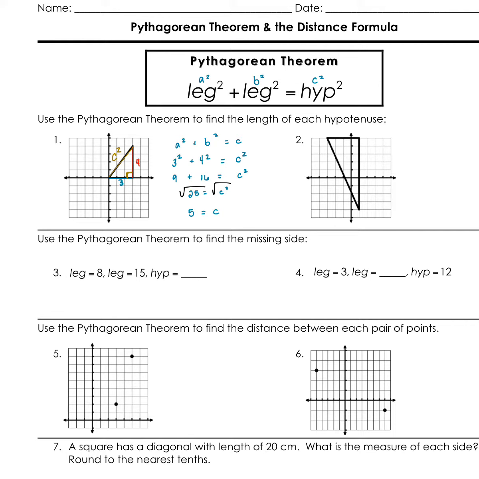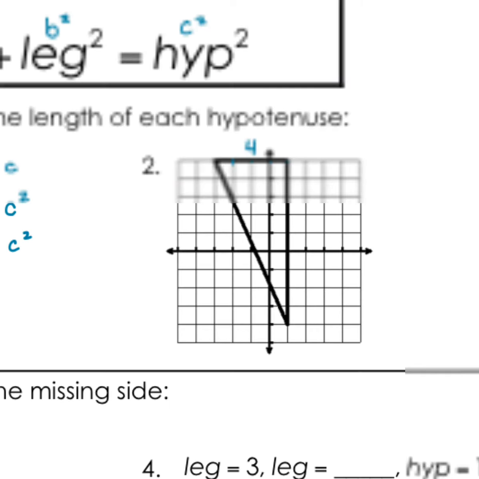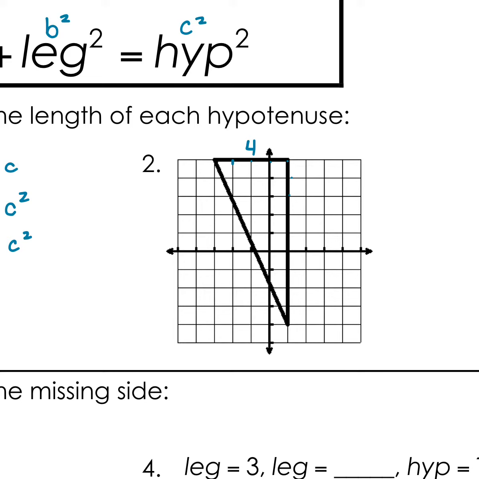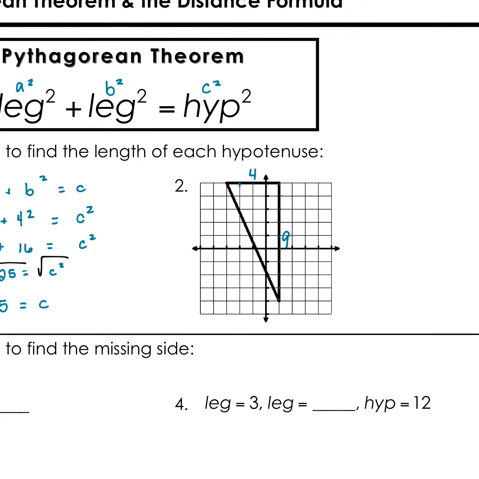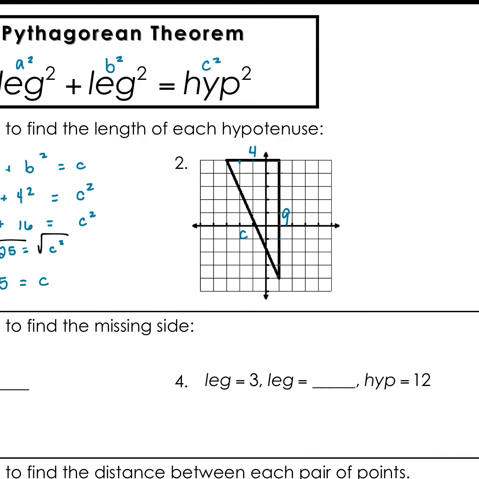We can go one more again. We've got a horizontal length of 1, 2, 3, 4, a vertical length of 1, 2, 3, 4, 5, 6, 7, 8, 9. Oh, that's going to be a square root. And then our unknown hypotenuse.